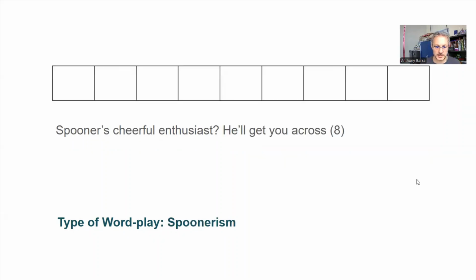And then one more, this is a different type called a Spoonerism. And Reverend Spooner is somebody who became famous for sort of committing accidentally, or perhaps sometimes on purpose, this type of verbal faux pas. So his cheerful enthusiast can also be his merry fan.